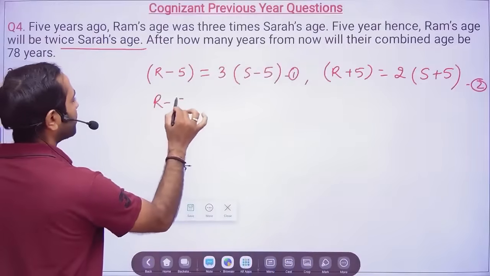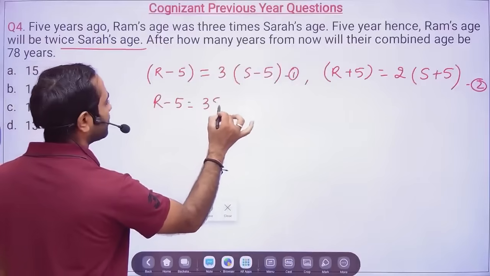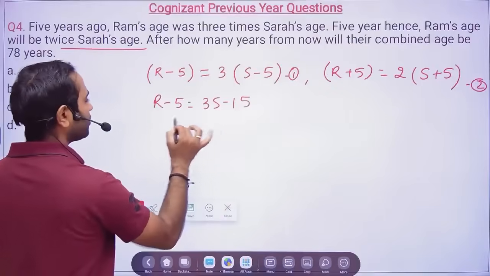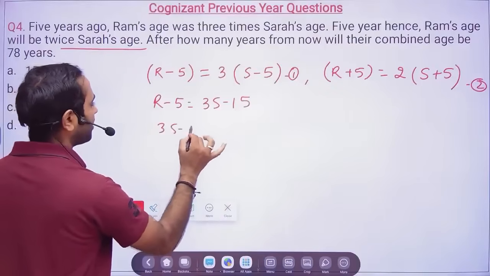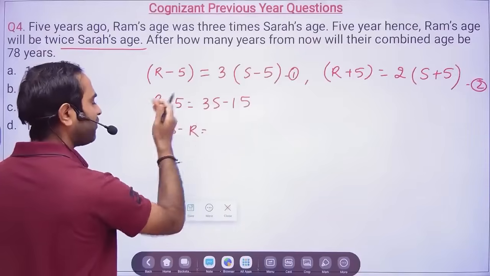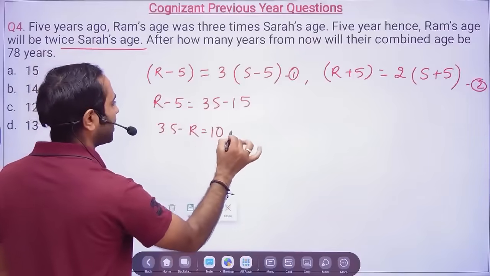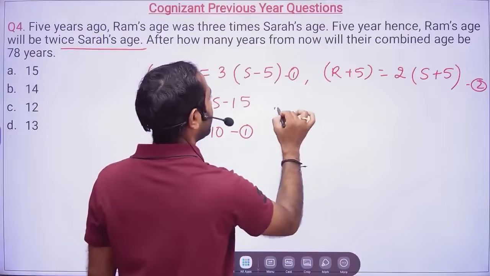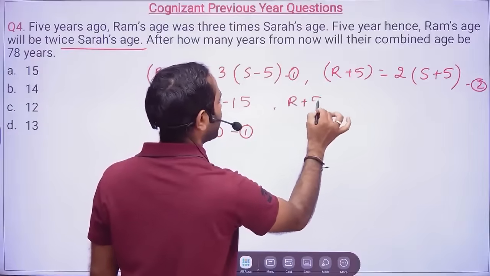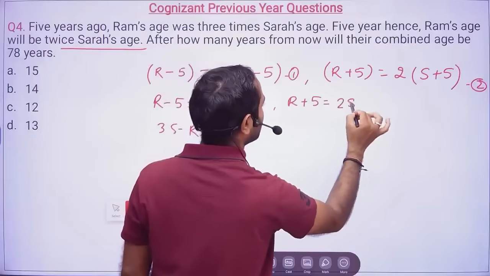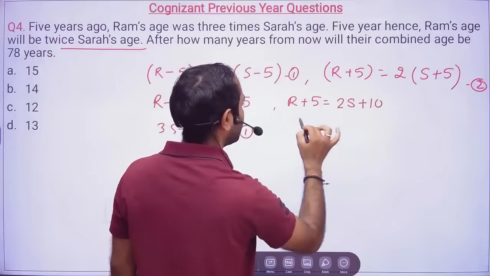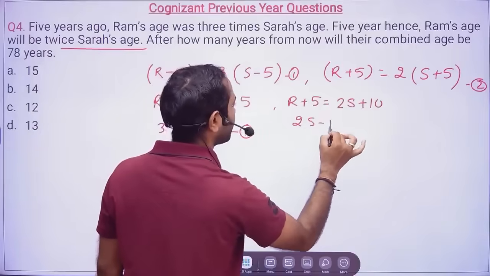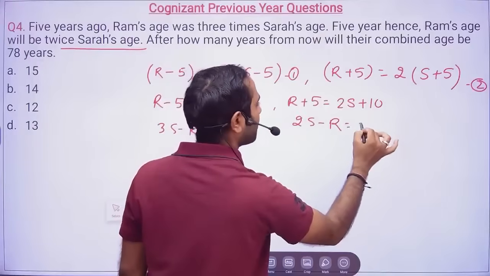So R minus 5 is equal to 3S minus 15. So 3S minus R, R I took this side, 15 I took this side, is equal to 10. So this is my equation 1. Then here R plus 5 is equal to 2S plus 10. So 2S minus R will be equal to 5.